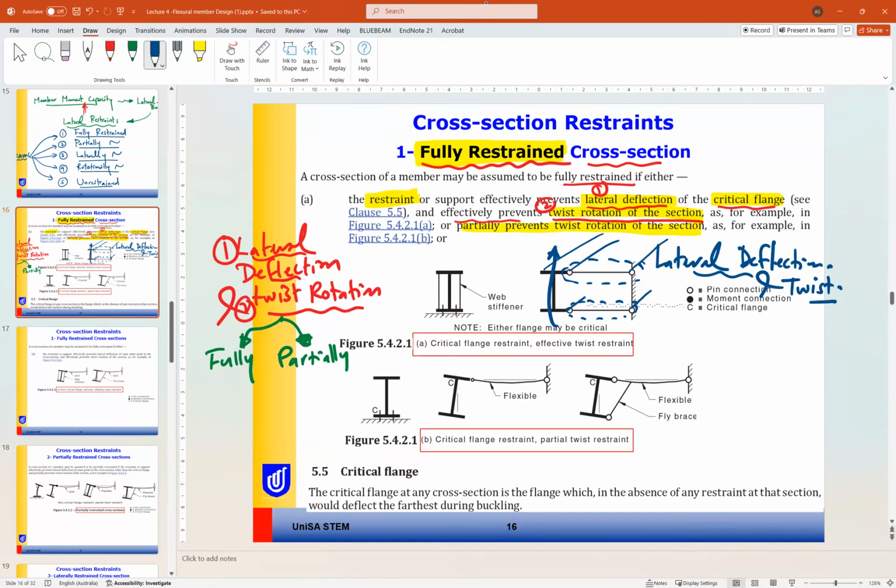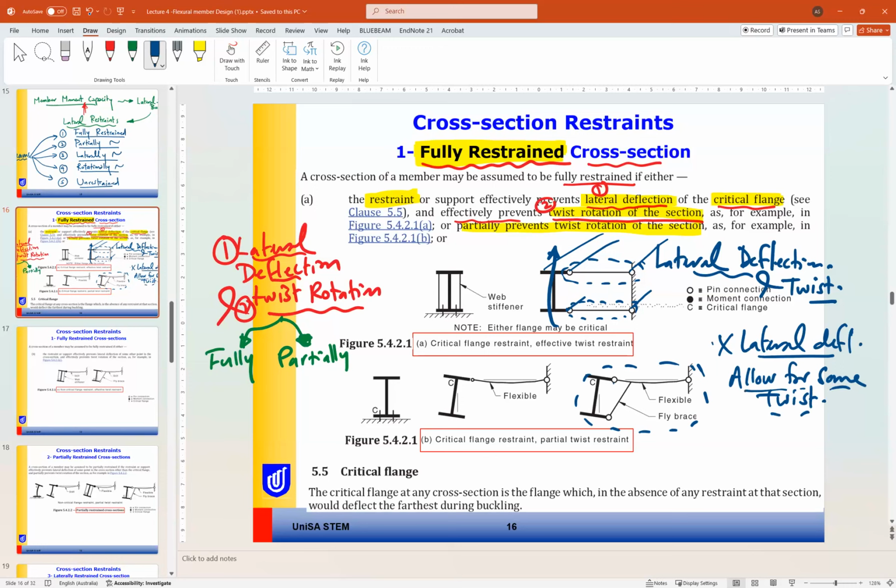In B, we have the same thing here, but if you look, we don't have the member at the bottom, we have only one member at the top. So this member will allow for some twist. This member here will prevent the lateral deflection and allow for some twist.